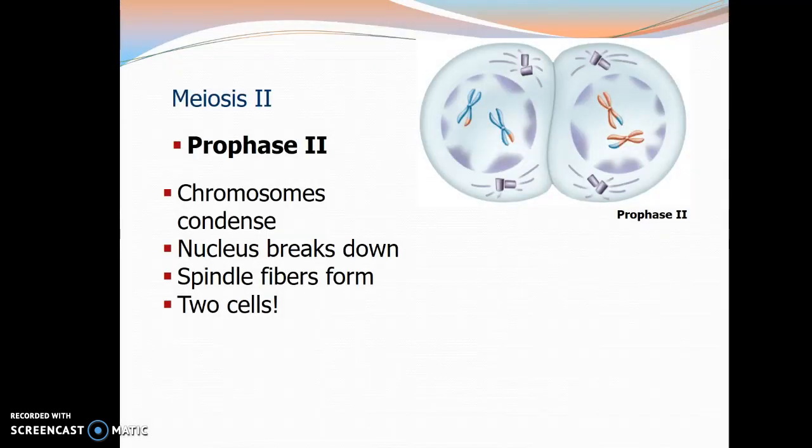All right, so now we're going to talk about meiosis 2, and meiosis 2 begins with prophase 2, so the chromosome condenses, the nucleus breaks down, the spindle fibers form, but you have 2 cells. So it's the same thing that occurs in prophase 1, but instead of having 1 cell, you have 2 cells.